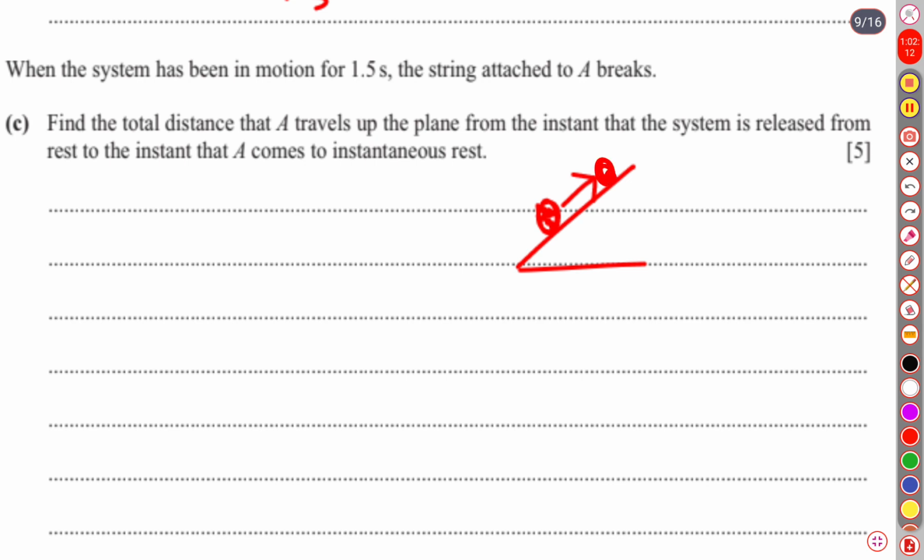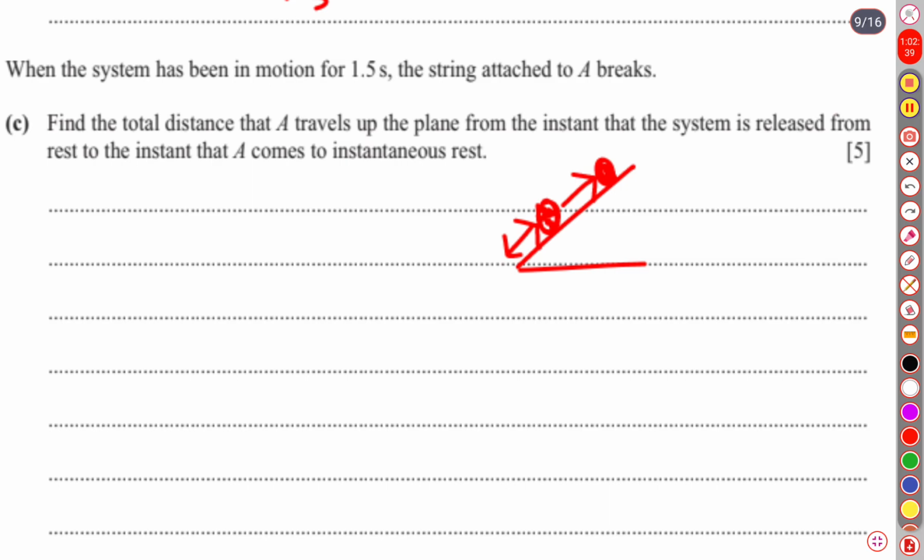Then it came to rest and moves down. So first of all, we should know the distance when the string was connected. This distance is to be obtained, and for finding distance, as we know the time as well as initial velocity and acceleration, we can apply the suvat formula.